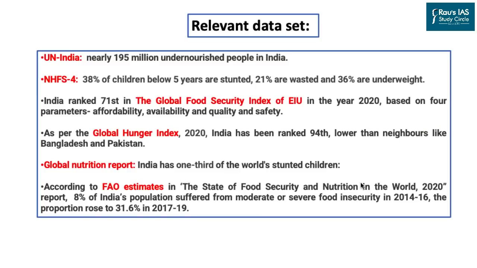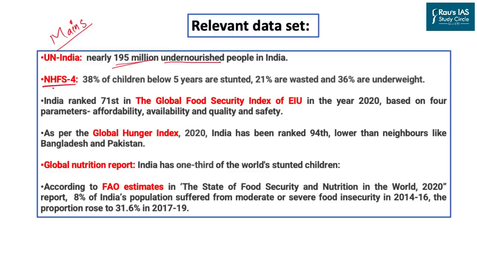Well, these are the important relevant facts which you can definitely use in your upcoming Mains examination, or in fact the next Mains examination. The first one is that the United Nations India office has clearly mentioned that about 195 million people in India are undernourished. That means they are not getting enough benefit of food security.